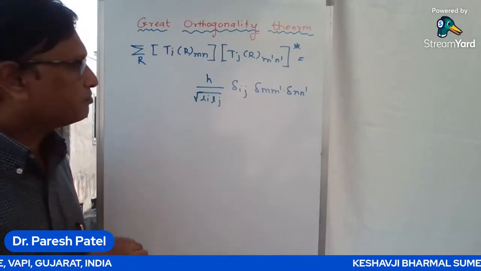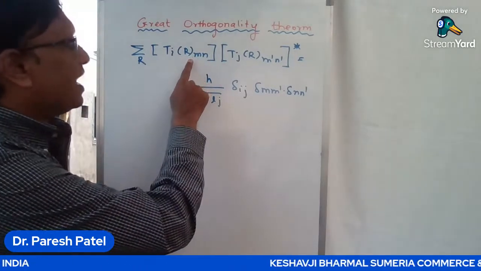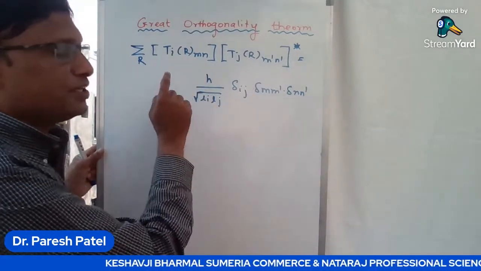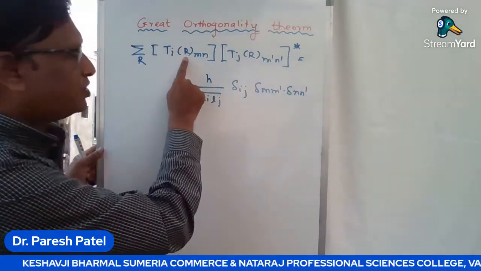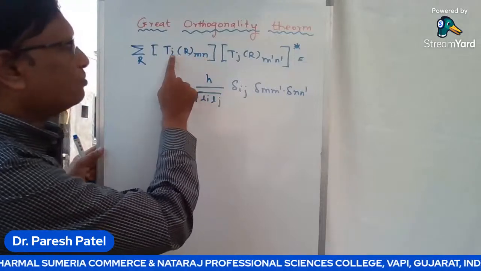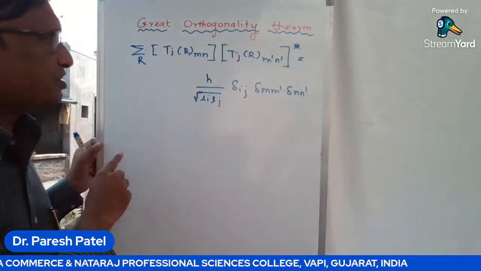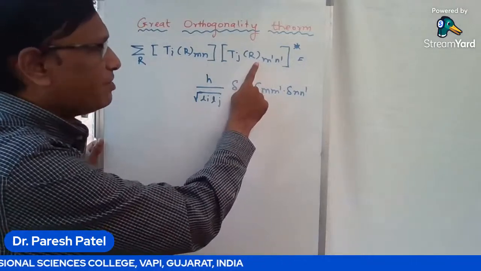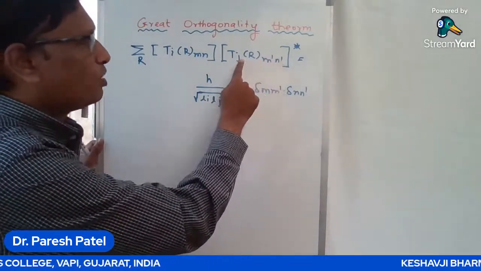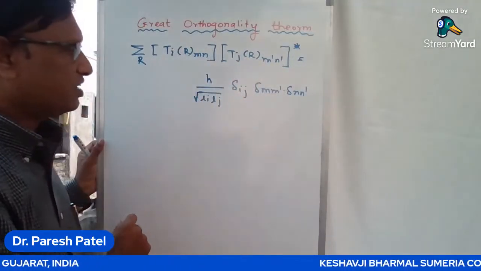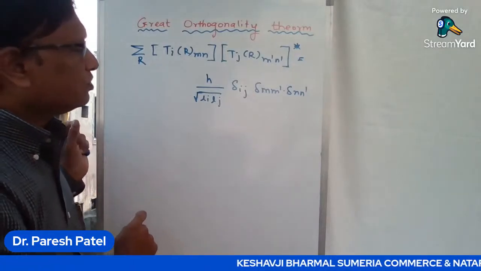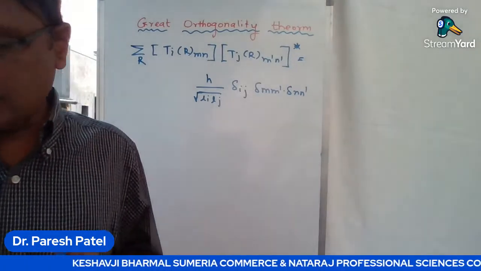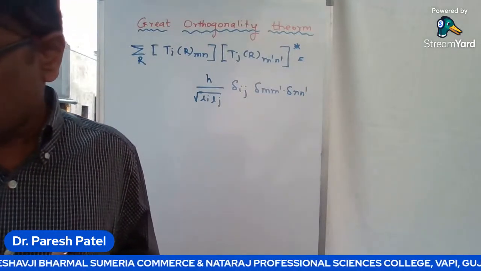Now, this is the element Γi(R)mn. It means this is the element of the mth row and nth column of the ith irreducible representation. This is the complex conjugate, the element of the m'th row and n'th column of the jth irreducible representation.